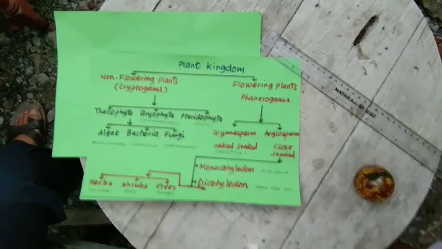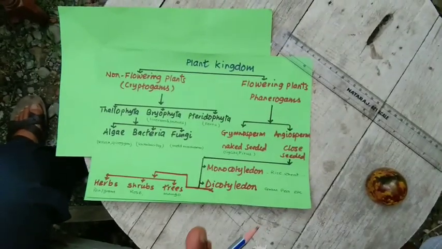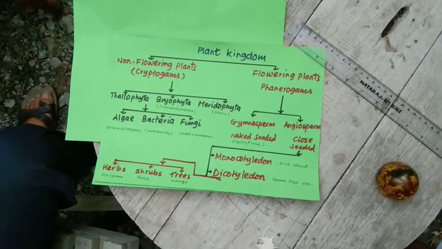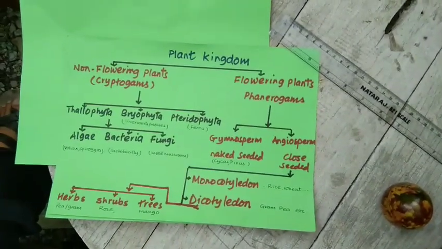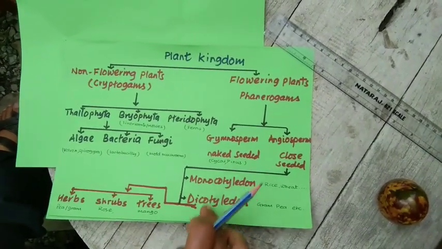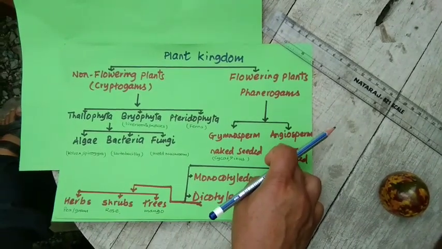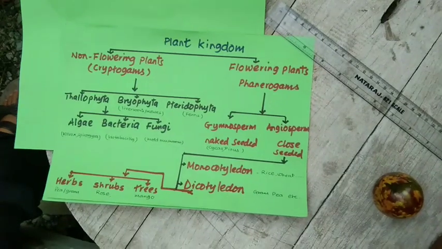Monocotyledon means single seed leaf and dicotyledon means two seed leaves in their seeds. So monocot and dicot belong to the angiosperms, and angiosperms belong to the flowering plants. So you must know these things.